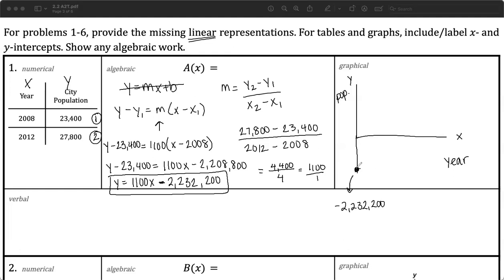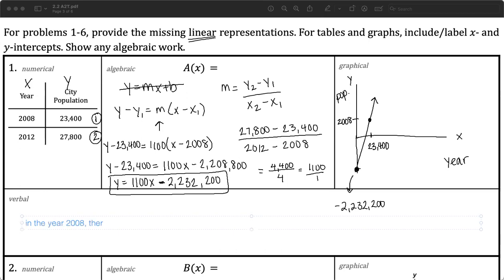And then it would go up in this 1,100 over 1 to the point where it would hit at year, this point here would be 2008, right? And that would be 23,400.